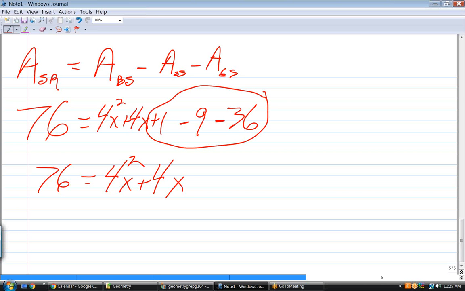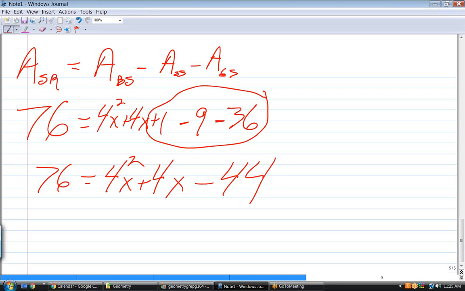No. Wait, no. So you do negative 36 plus negative 9, and you get negative 45 plus 1, so it'd be negative 44. Okay. Now, what's the next step? And then the next step would be to add 44 to both sides.